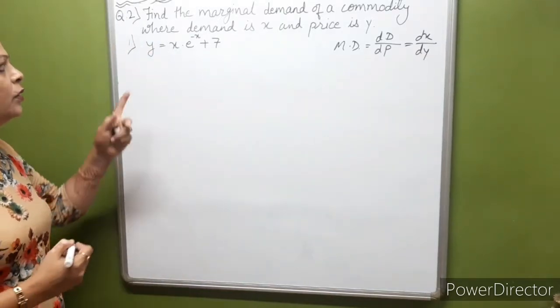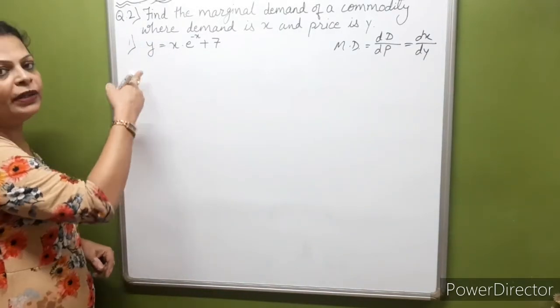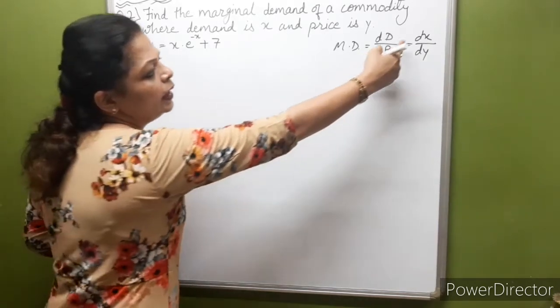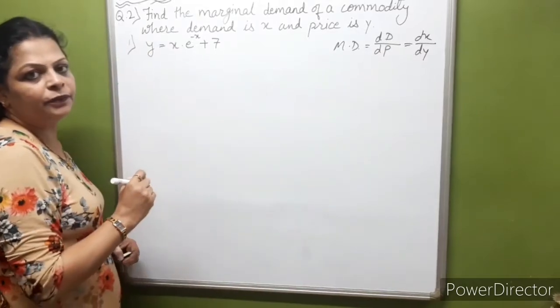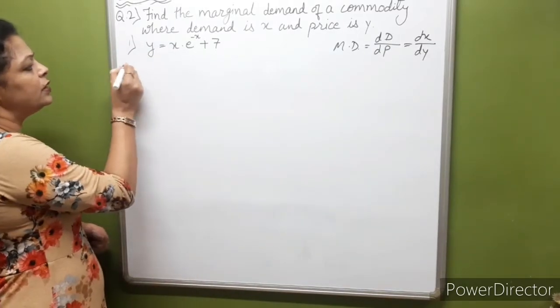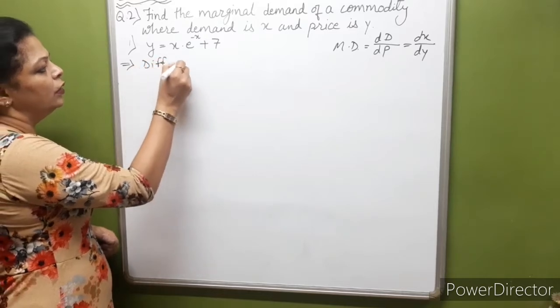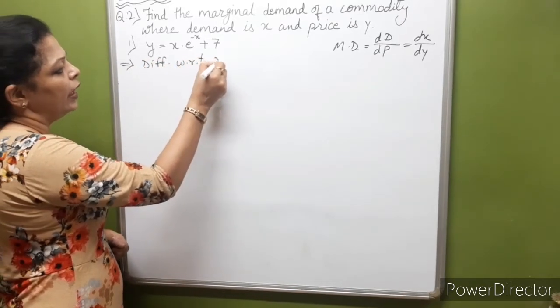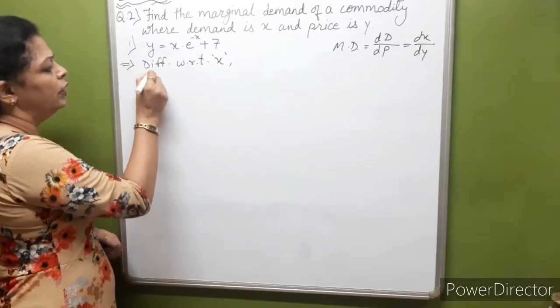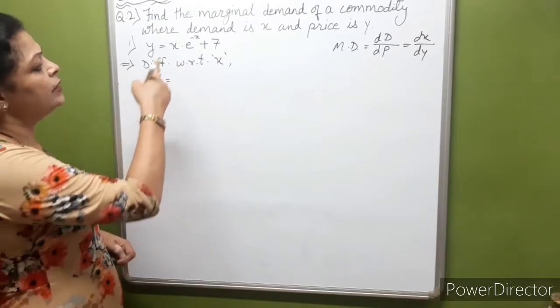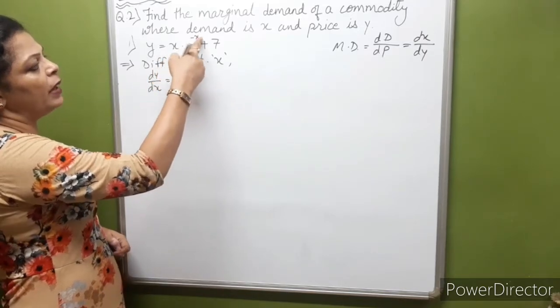Have you understood? So first let us differentiate y with respect to x, and then by taking the reciprocal of it we will get dx by dy. Understood? So let us start. Differentiating with respect to x, dy by dx. Now see, it is x into e raised to minus x.